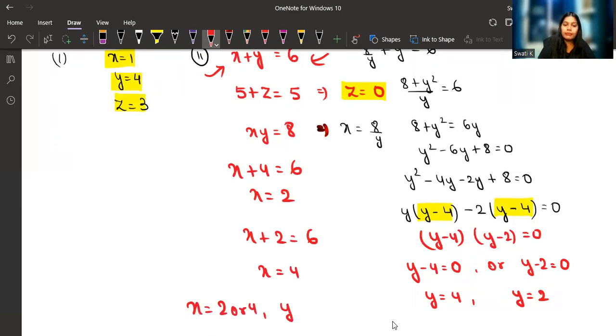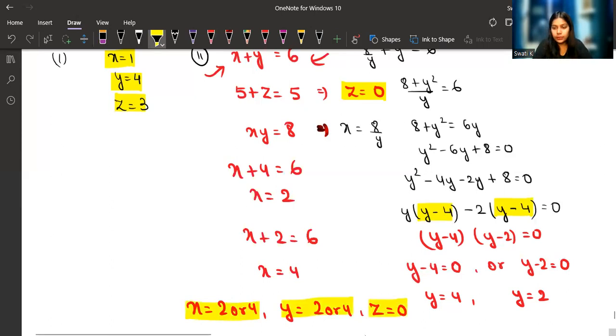Y we have two values, again 2 or 4. And z we have only one value, and that is 0. So this is our answer. And now we can go for the next question.